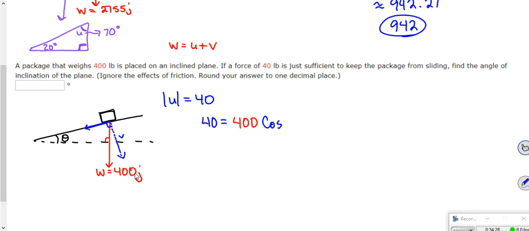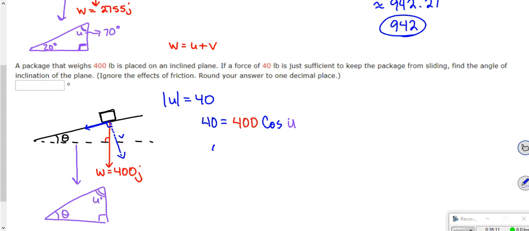I don't want to name it the wrong thing. If I redraw that triangle, this is my theta, and I'm going to call this angle u degrees, if you will. So this is 40, that's my magnitude or force of U, the force that's required to keep it from sliding down the incline, equals 400 times cosine of u. Well, u is what we're trying to solve for.